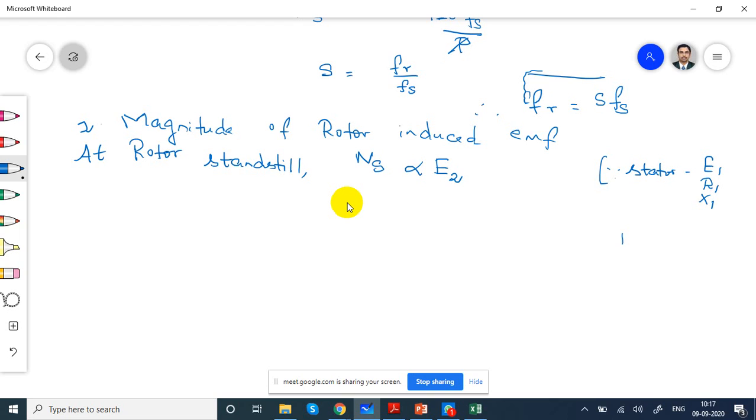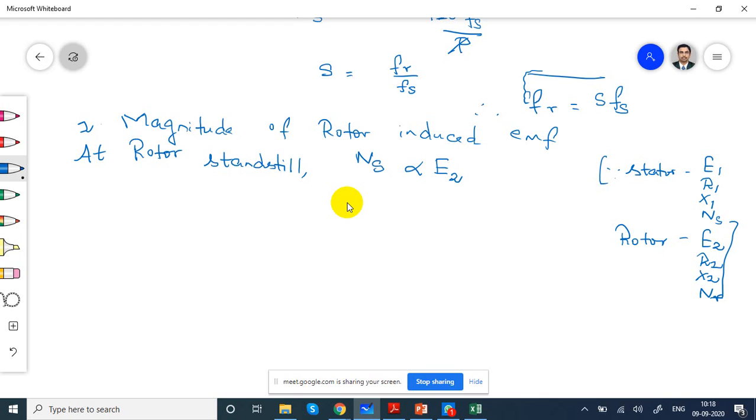In terms of rotor, we express E2, resistance R2, reactance X2, and the speed will be Nr. Here the speed is Ns. So at stator, the notations are expressed in terms of 1, and in rotor in terms of 2. 2 stands for rotor, 1 stands for stator.